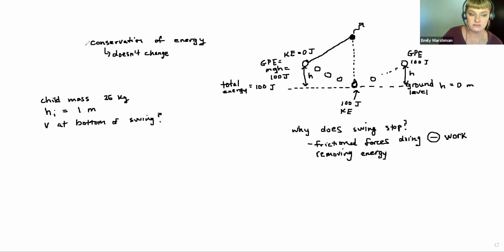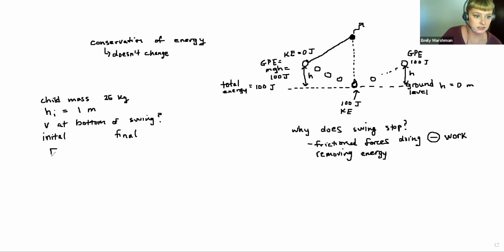If you want to apply conservation of energy, you have to choose the two points that you're comparing. You have to determine your initial point and your final point. Your initial point for this problem is right up here, where he's at the maximum height above the ground. The final point is the low point in the swing. Those are the two points that you want to compare.